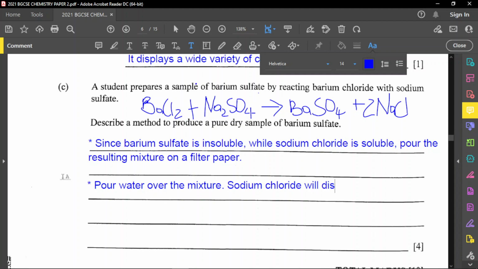So sodium chloride will dissolve and pass through the filter paper in the water, right? Since sodium chloride is soluble, it will dissolve and pass through the filter paper, and let me call this the filtrate. So this will be the filtrate right here.